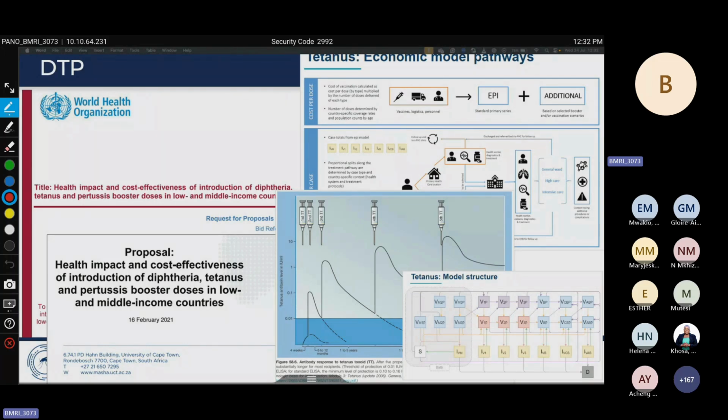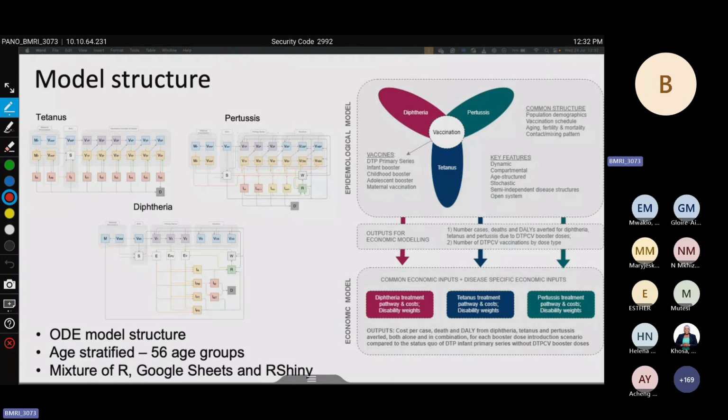And so a tender was put out by WHO, which we applied for and were awarded to develop this world first type of model, where it was an application that is required to not just develop 3 disease transmission models that are linked by the same vaccination, but to explore the introduction of boosters with them and to cost it out and put it all into an application. So not a very small ask, and not one that you really want to be dealing with in the middle of the pandemic, but it's been a long process, and we're at the completion stage.